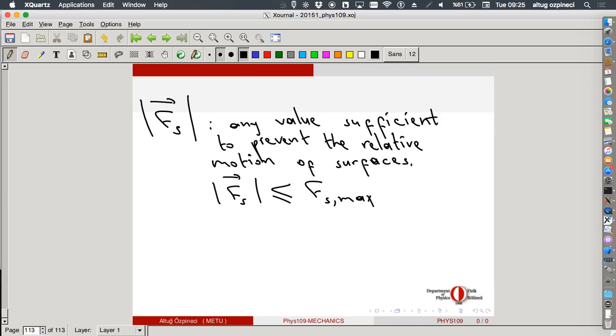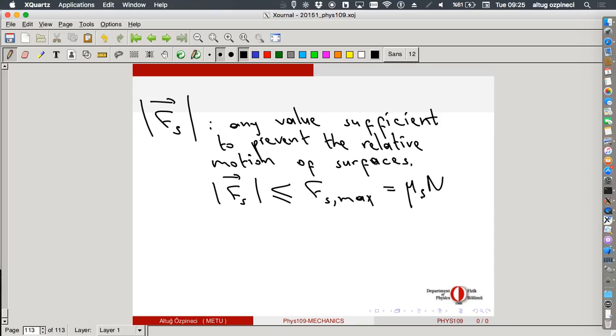And again, experimentally, we know that this maximum value is proportional to the normal force with some coefficient. One thing you should pay attention to: the normal force is a vector, and the static friction force is a vector. But this is not a vector equation. This is not a relation between two vectors. This is a relation between two numbers, two scalars. These are the magnitudes of these vectors.